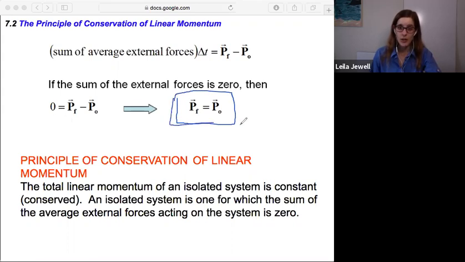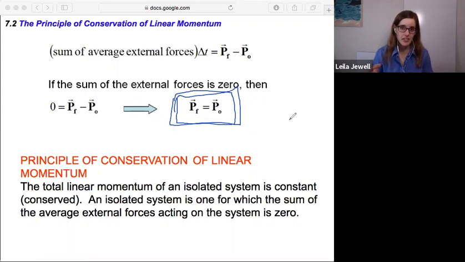This is a really powerful equation. And it's also known as the principle of the conservation of linear momentum. It's another conservation law. Conservation laws are great. So it says the total linear momentum of an isolated system is constant. In other words, the linear momentum is conserved.